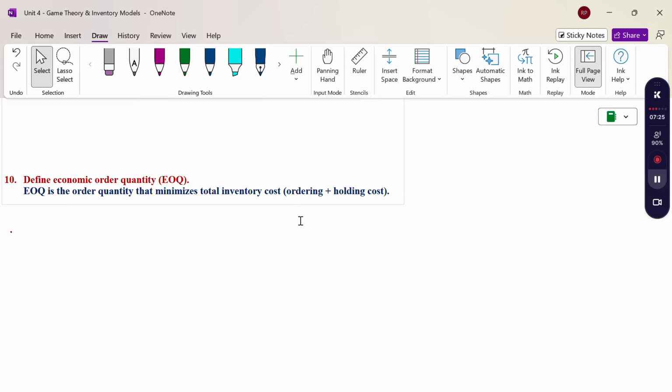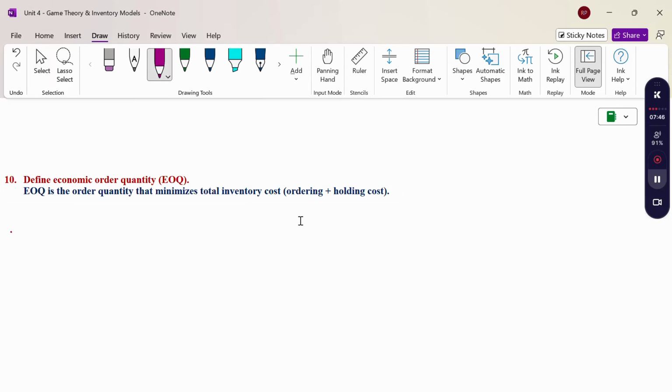Then we can use this answer: EOQ is the order size at which the total cost is minimum. Sometimes we also use the term optimal order size.